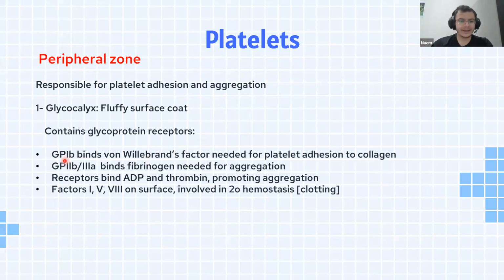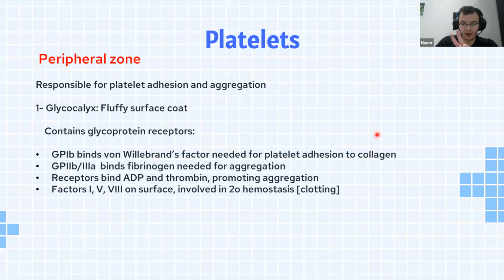First one is glycoprotein 1b. Where do we find it? On the surface of the platelet. That's the location. What is its function? It binds to the VWF, the von Willebrand factor that we talked about. Remember, the factor that the platelets produce when they are injured. So now glycoprotein 1b binds to this VWF. Where is this found?